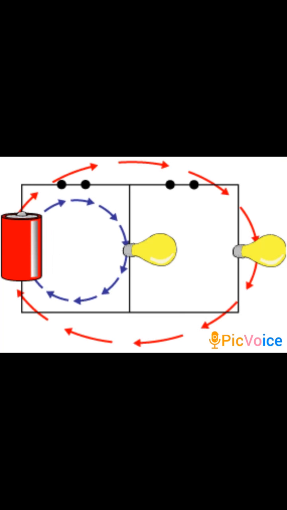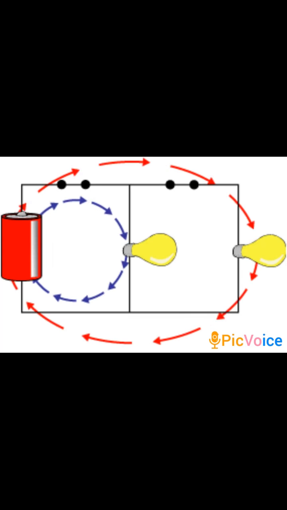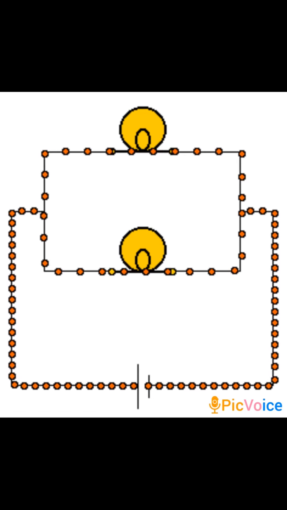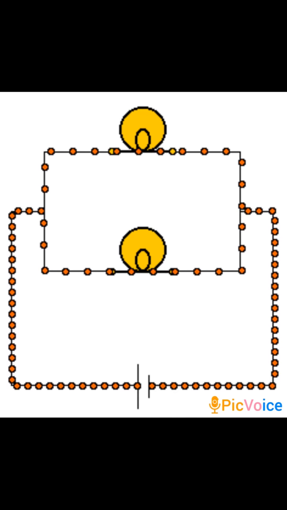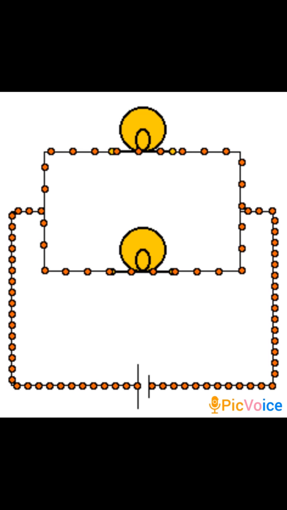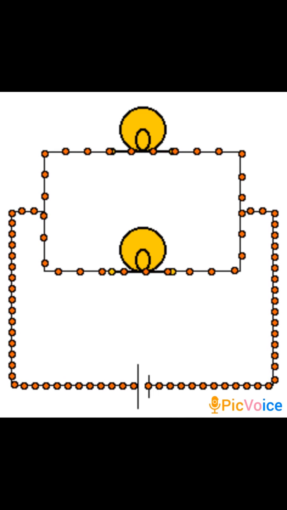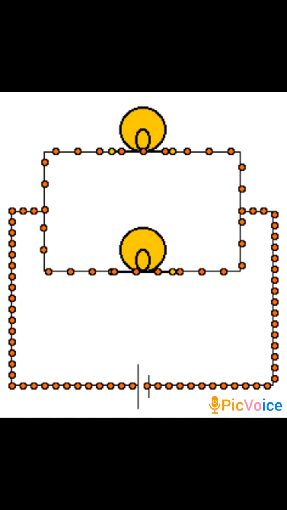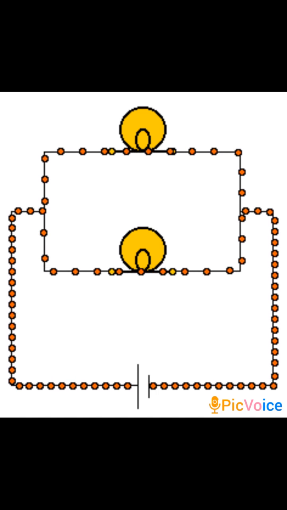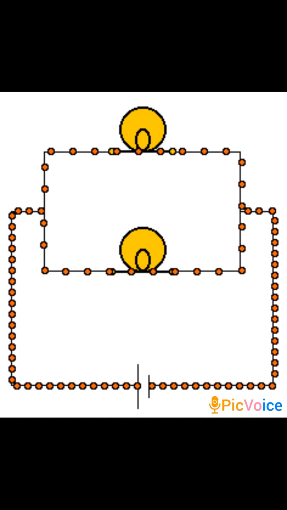So here two bulbs are connected in an electric circuit parallel to each other. Now, because of any reason, if a bulb is not functioning due to damage, the other bulb will function, because current flowing in different branches is different.